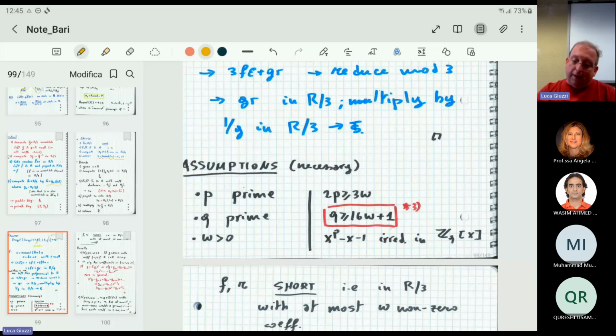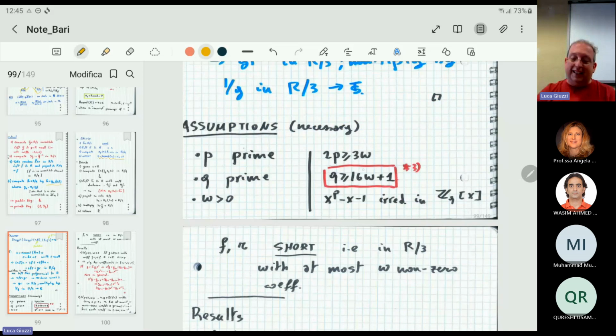So we have to be careful on how p is chosen, how q is chosen. You see that q over 2p must be at least 3 times this value, but then q must be at least 16 times this value plus 1, and f and r will have at most w non-zero coefficients. So the algorithm is somehow fragile.